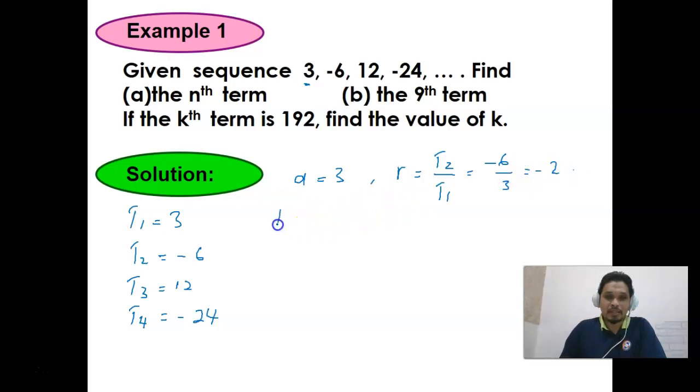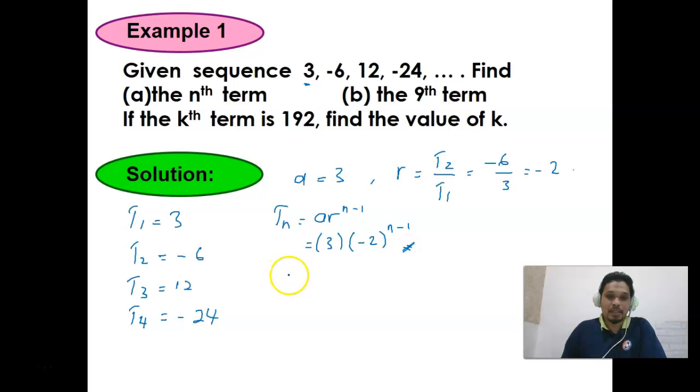So the nth term equals a r to the power of n minus 1, where a equals 3 and r equals negative 2, so 3 times negative 2 to the power of n minus 1. There you go, this is the one.